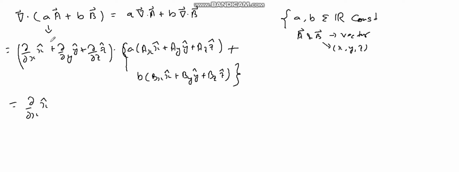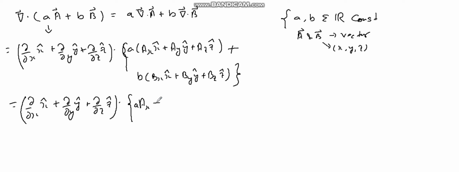Okay, so we will take the dot product. First of all, before doing that, let me rewrite this. This is a times Ax plus b times Bx, this is x cap.